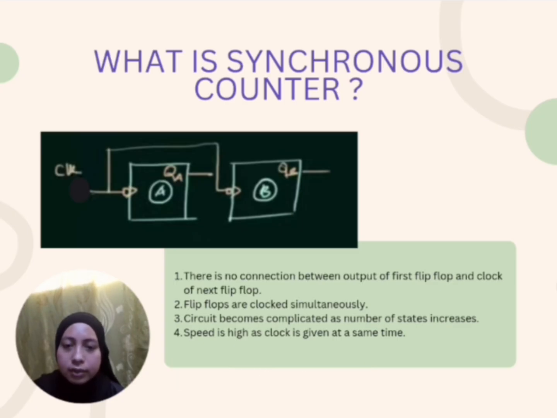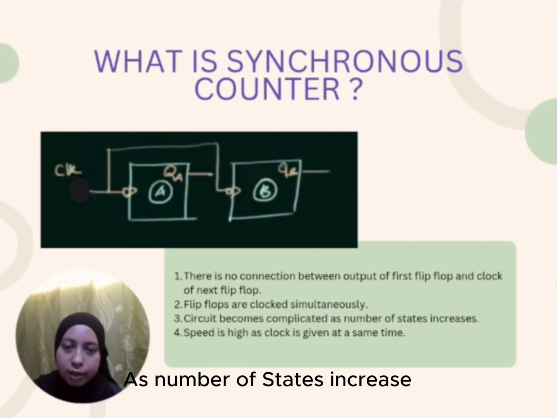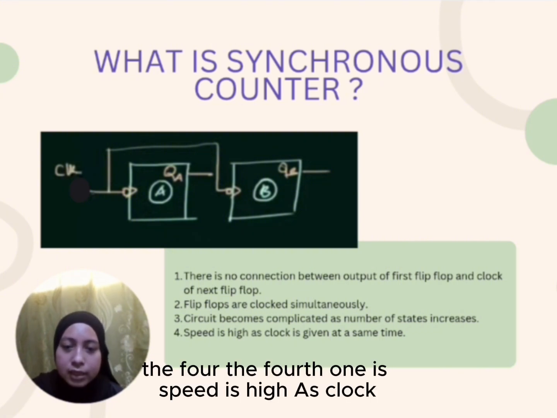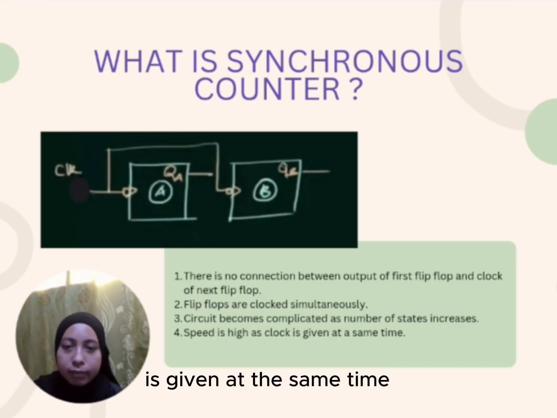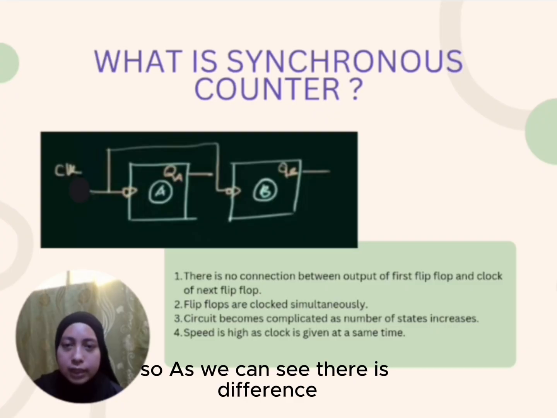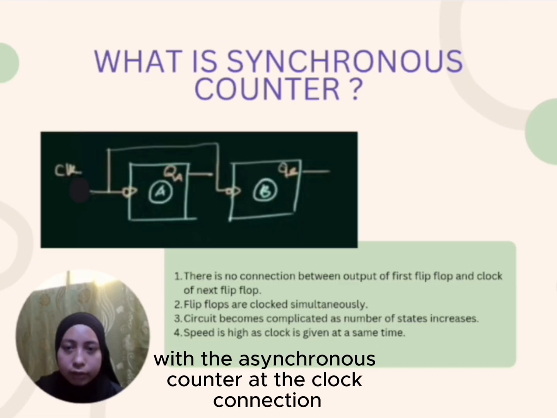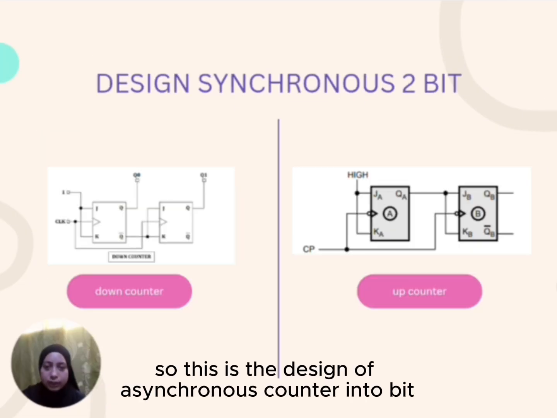The third one is circuit becomes complicated as number of states increase. The fourth one is speed is high as clock is given at the same time. So as we can see, there is a difference from the asynchronous counter at the clock connection. So this is the design of synchronous counter in 2-bit.